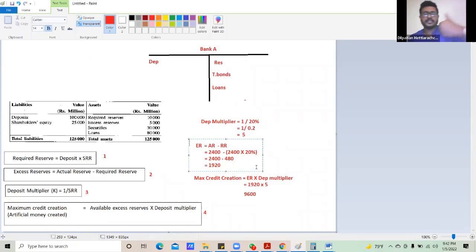So 2,400 minus 480, the answer is 1,920.